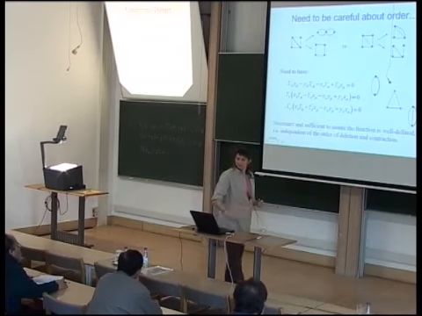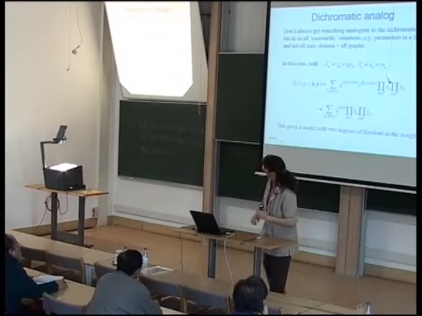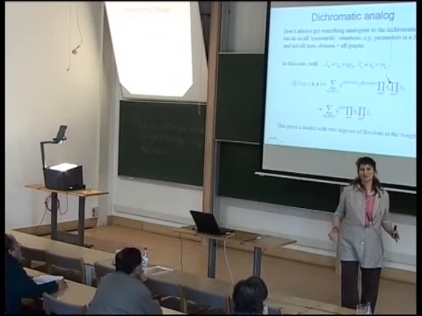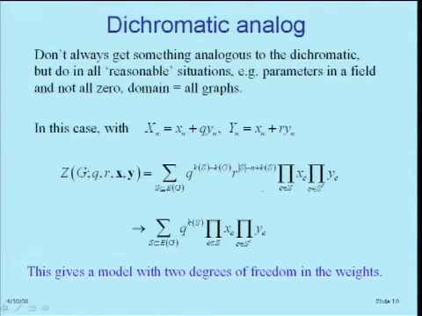If you're in nice places, you do get something, and in fact, you need to sort of be in nice places to get something analogous to the dichromatic polynomial. And in reasonable situations, if these parameters are taken in a field, you're allowed to divide.